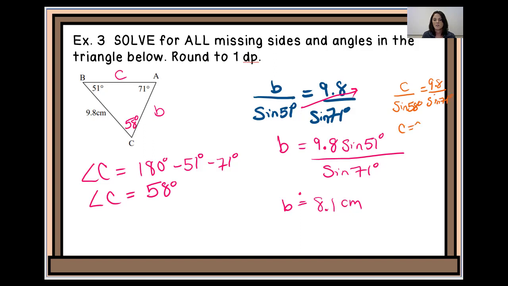So C is equal to 9.8 sine 58 degrees over sine 71 degrees. And again, go ahead, plug that into your calculator and round to 1 decimal point. So C is equal to approximately 8.8 centimeters.